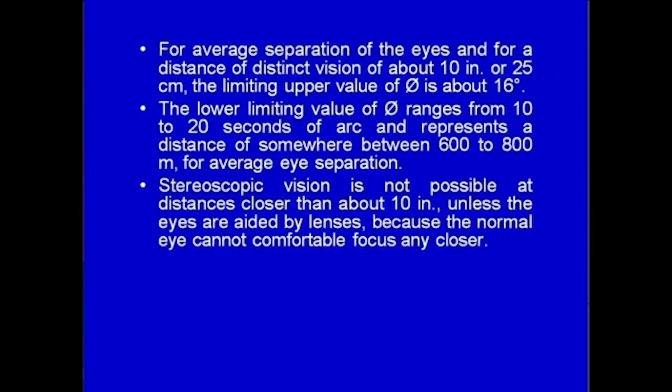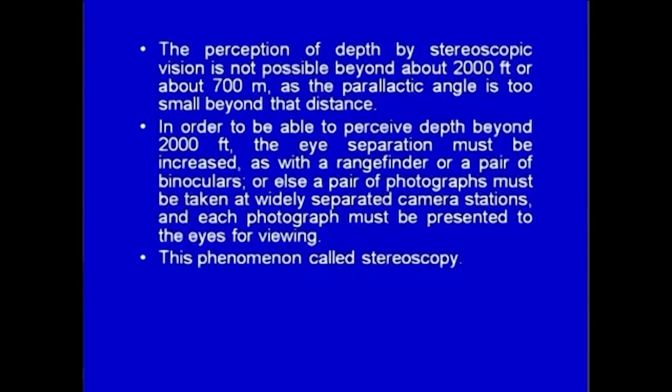Stereoscopic vision is not possible at distances closer than 10 inches unless the eyes are aided by lenses, because the normal eye cannot accommodate focus any longer. The perception of depth by stereoscopic vision is not possible beyond about 2000 feet or about 700 meter, as the parallactic angle is too small beyond the distance.